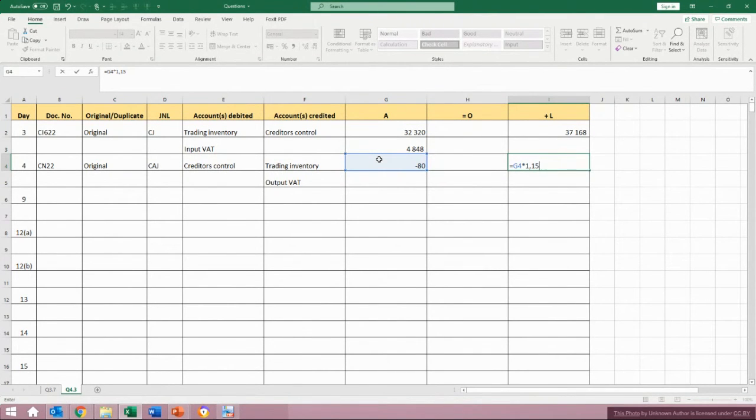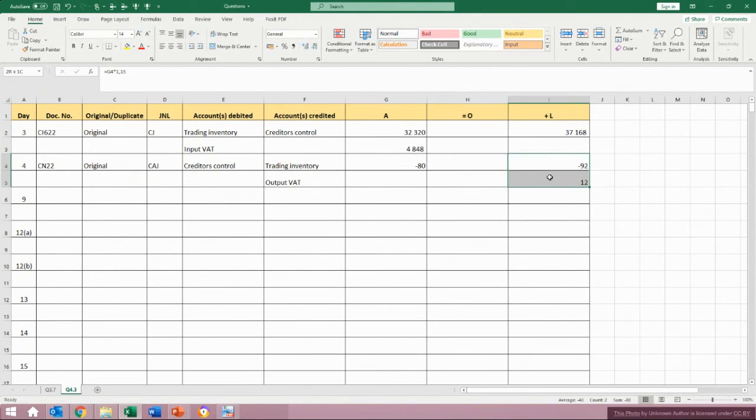So that's why I multiplied with 1,15 to get to 92 Rand, because the supplier's amount was inclusive of VAT. Okay, and that means the difference is the VAT component, which goes to output VAT. Now we said output VAT is a liability, so I'm going to increase the liability with 12 Rand, which is the difference between the 92 and the 80 Rand.